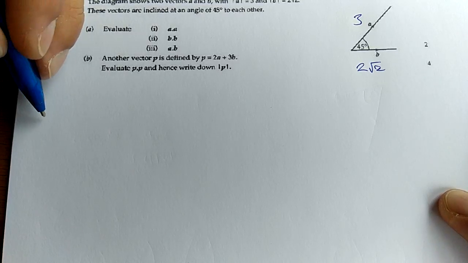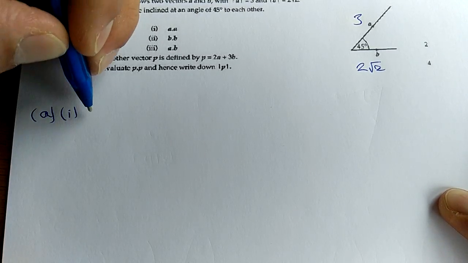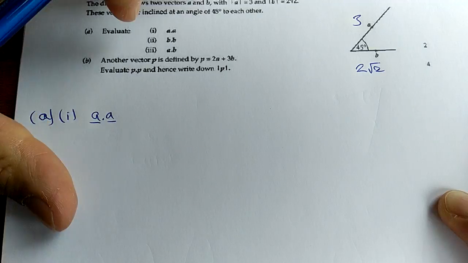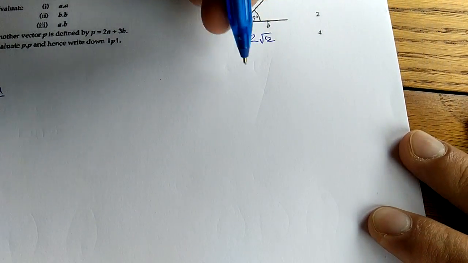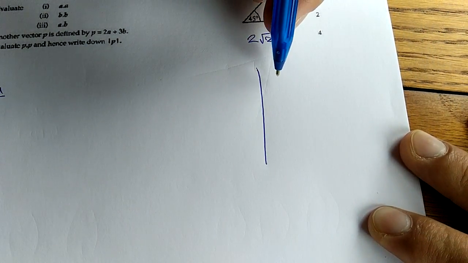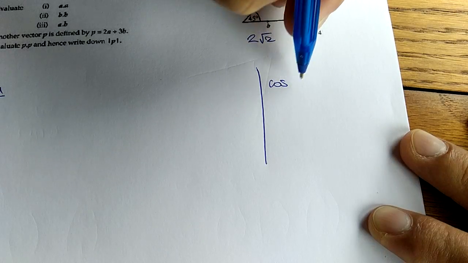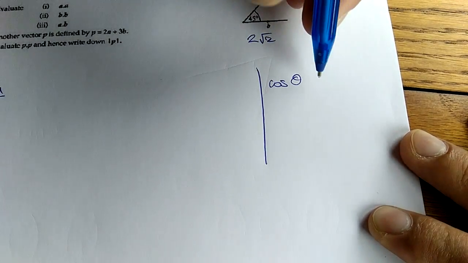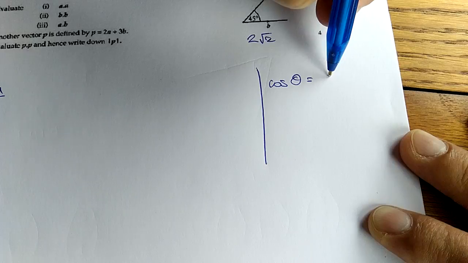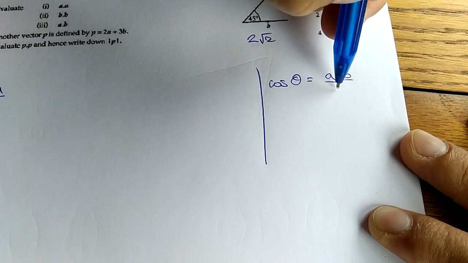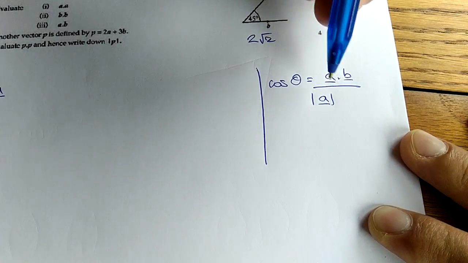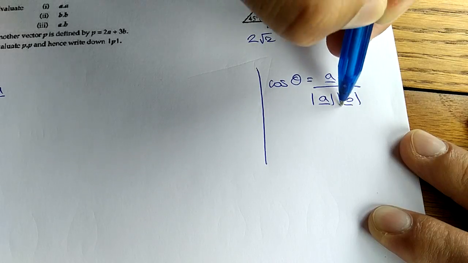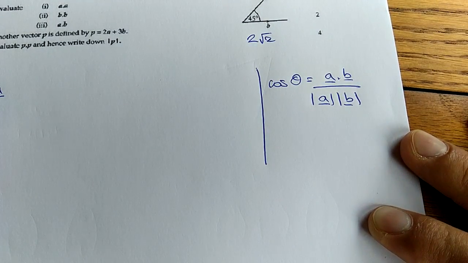So let's do part A, part 1. So A dot A. Now, on this side, let me just go over the actual scalar product formula. That states that cos theta, the cos of the angle between two vectors, is A dot B over the magnitude of A times the magnitude of B, where A and B are my two vectors.